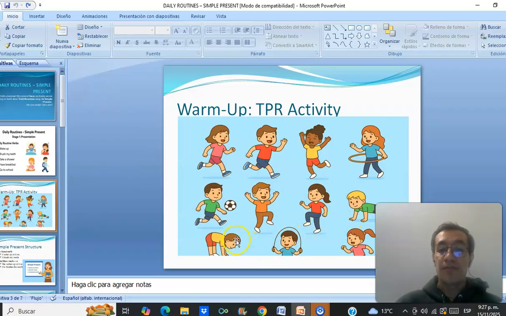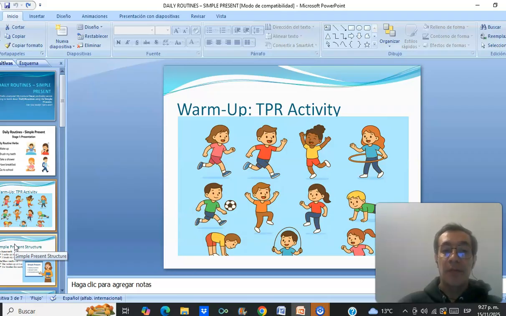And here you can see a lot of examples about daily activities, but the most important thing here is to realize that when you are going to talk about he or she, you just need to add an additional s to the verb. So it is something very important in the simple present tense.